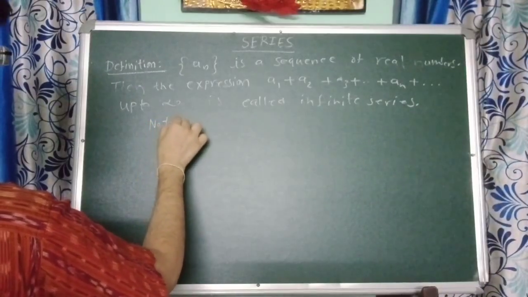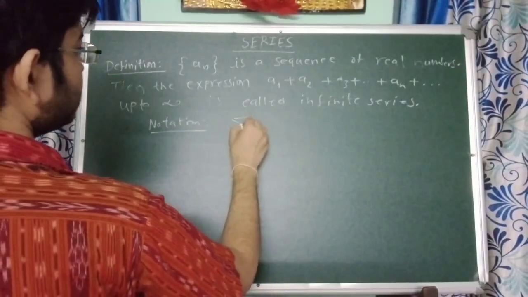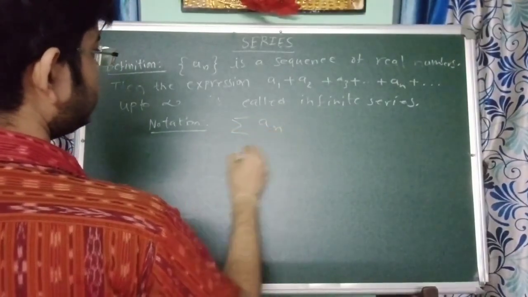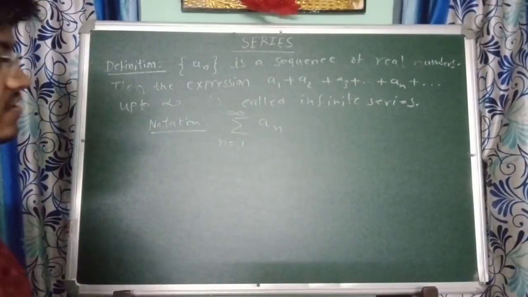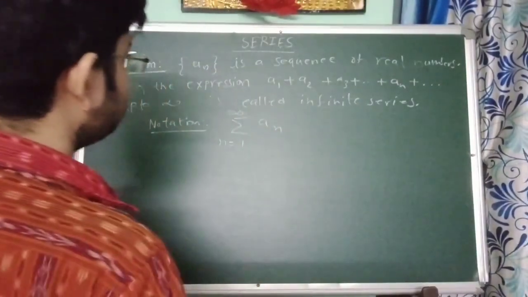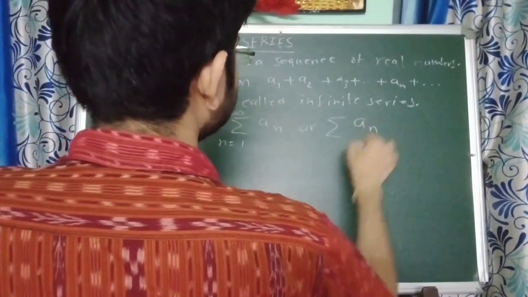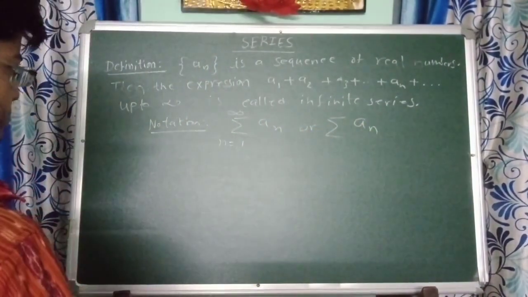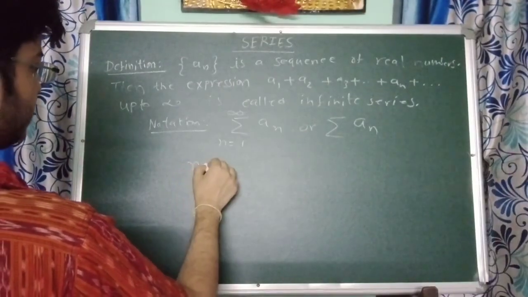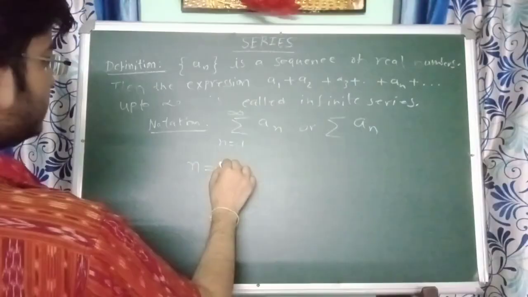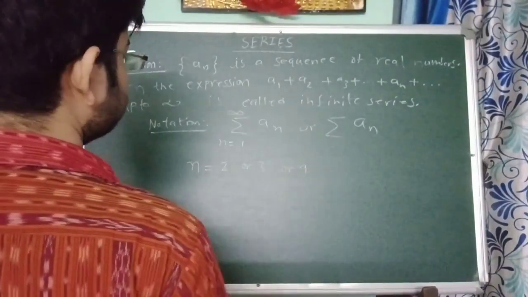Notation: we denote the infinite series by summation n equals 1 to infinity an, or simply summation a. Sometimes we start from 2 or 3 or 4 and so on.